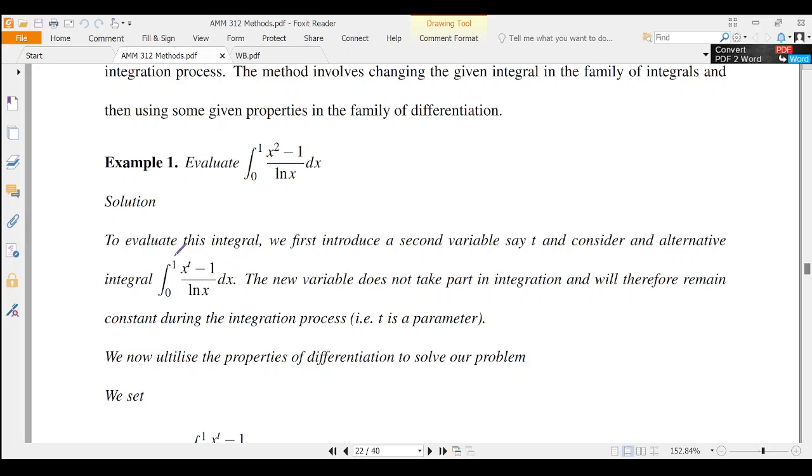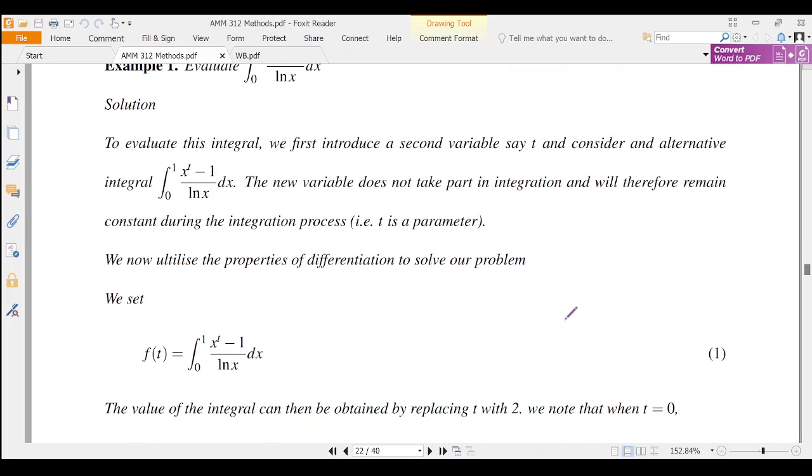So now, when we work out this integral, we can then replace t with 2 to have our integral, our function, back. Now, this new variable will not take part in integration, so we shall regard it as a parameter. So we shall now utilize the properties of differentiation to solve this problem.